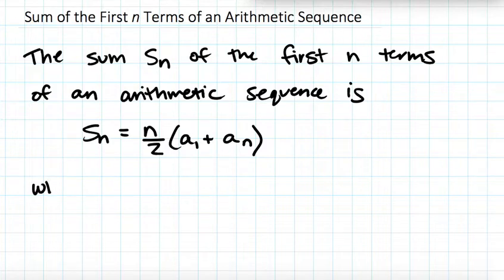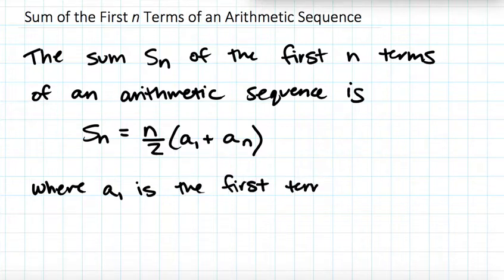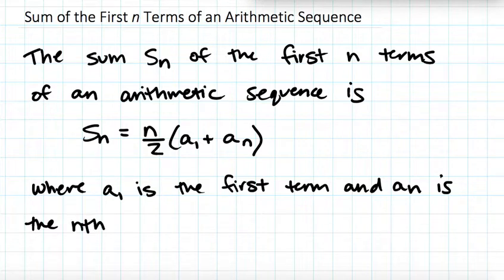So a sub 1 here is the first term, and a sub n is the nth term. However many numbers we want to add together, that's going to be our n.